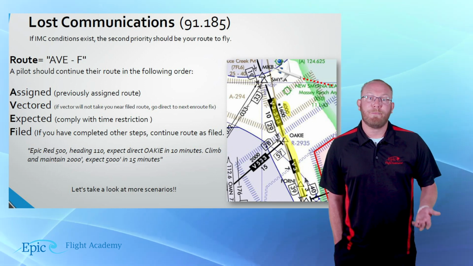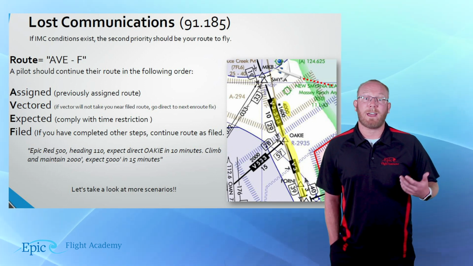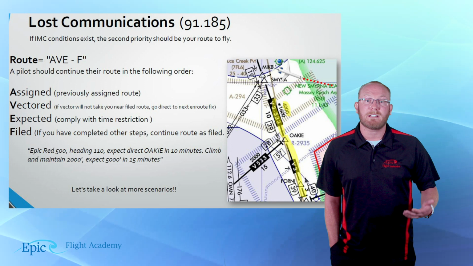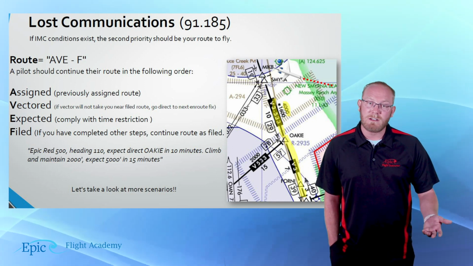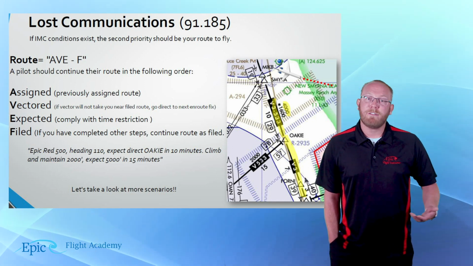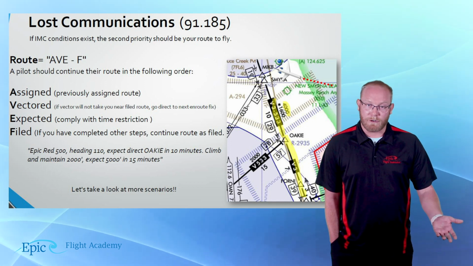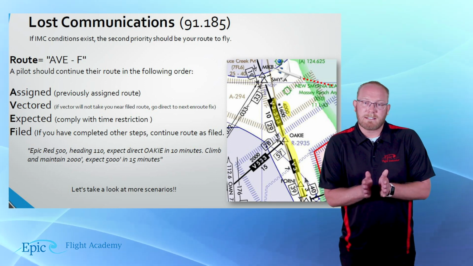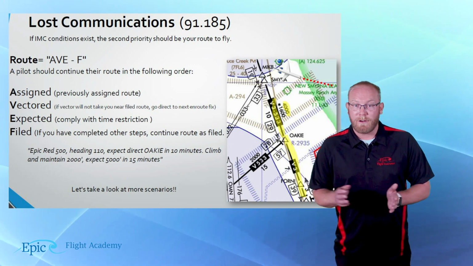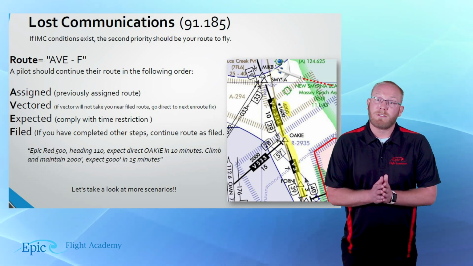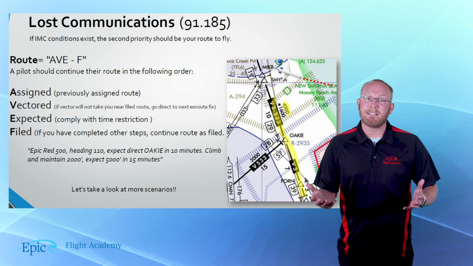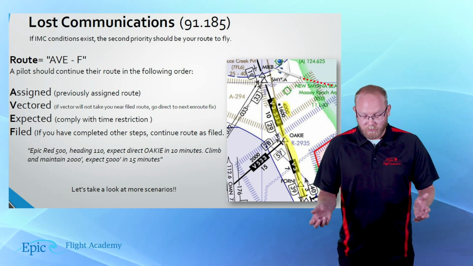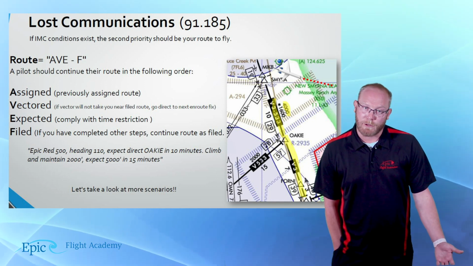So for the A, that's going to be assigned. So that again is something that ATC has previously assigned to you for a route. The V, that is known as a vectored route. Now, in that, ATC sometimes will vector you around weather, around other aircraft, things like that. And that is the vectored route assignment that you would want to follow.